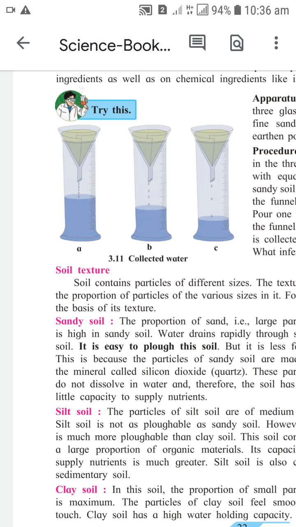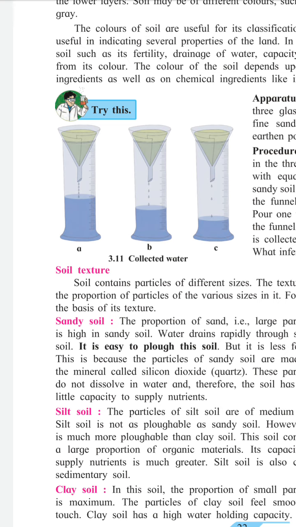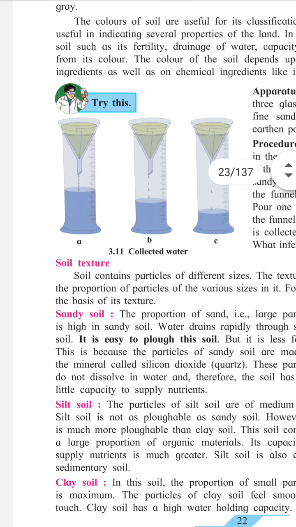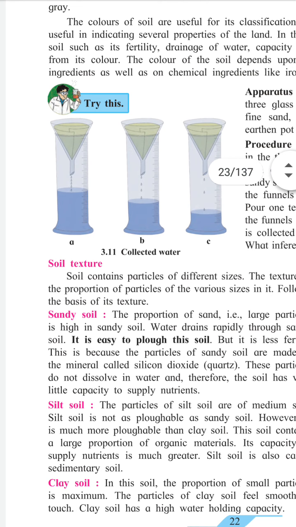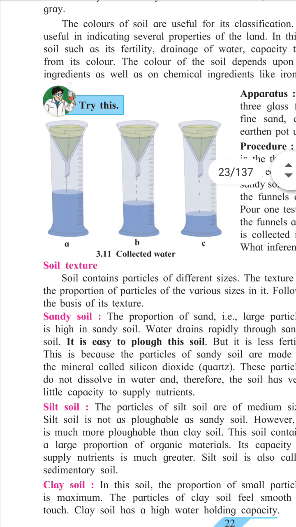Pour one test tube of water into each of the funnels and observe how much water is collected in each of the measuring cylinders. What inference will you draw from this? Now here we can see what happens to the water, how it drains.